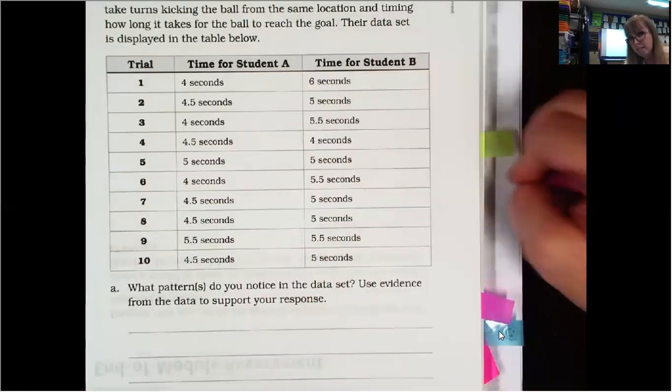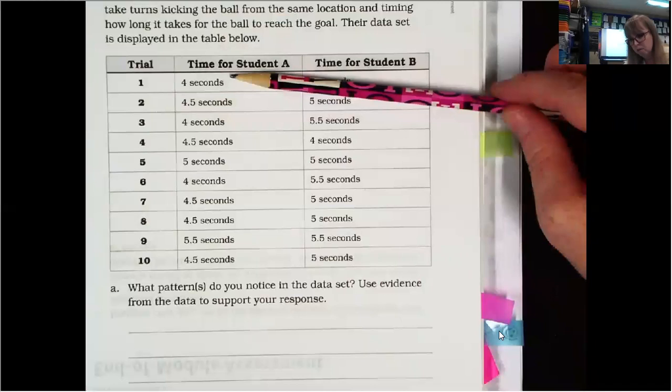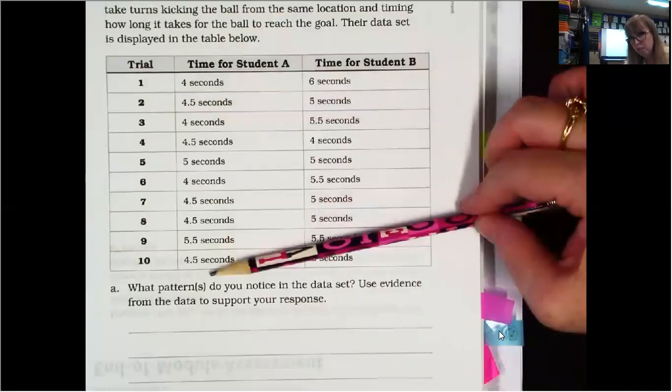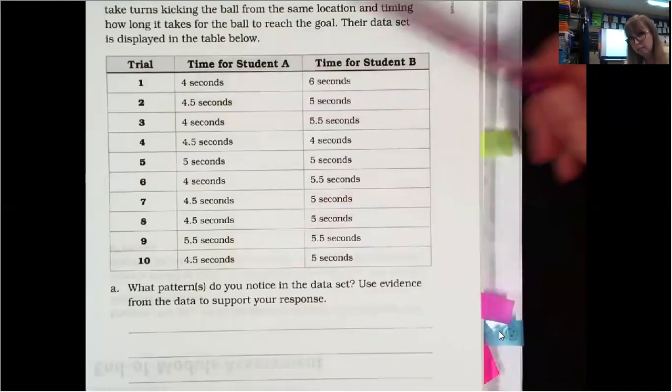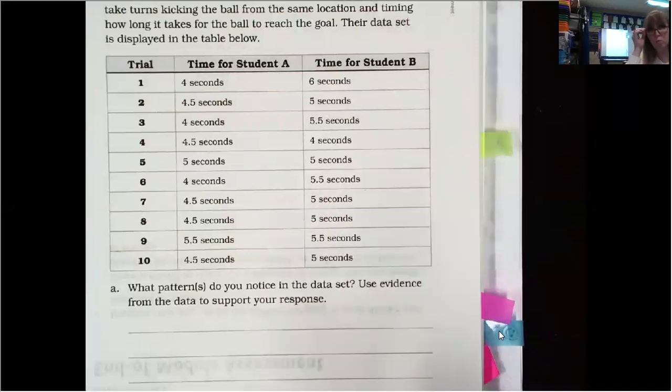Isn't that evidence that the ball had more energy when student A kicked it? Just like when Innocente ran into the desk. He brought more energy to that desk than when Allie walked into the desk, right?